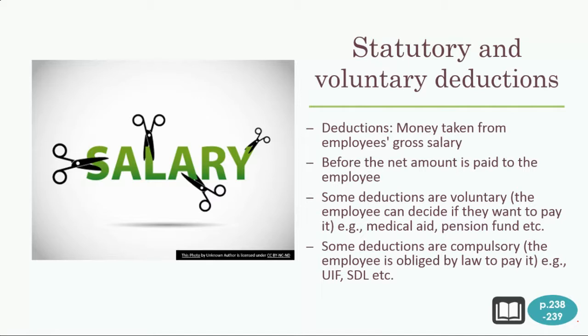That is a deduction to your medical aid, or your pension fund, or social fund, whatever the case may be. Remember, our gross salary is before we take any of these deductions into account, whereas our net salary is after we've taken these deductions into account, both the statutory as well as the voluntary deductions.